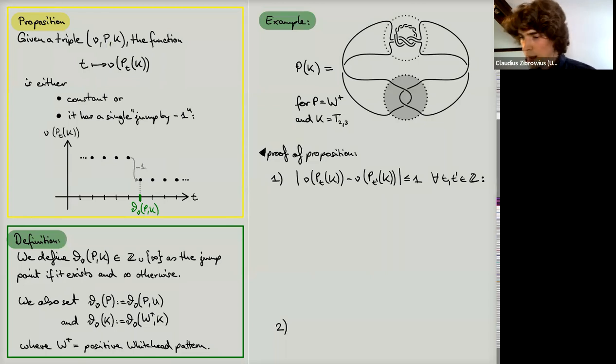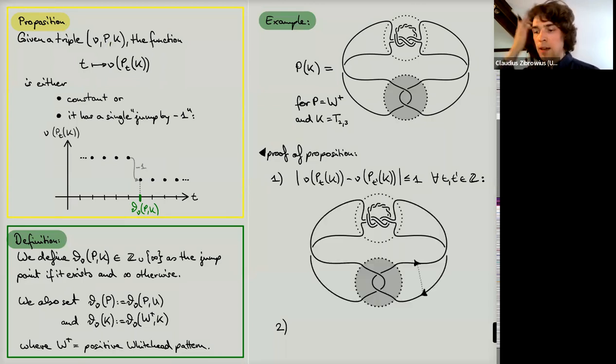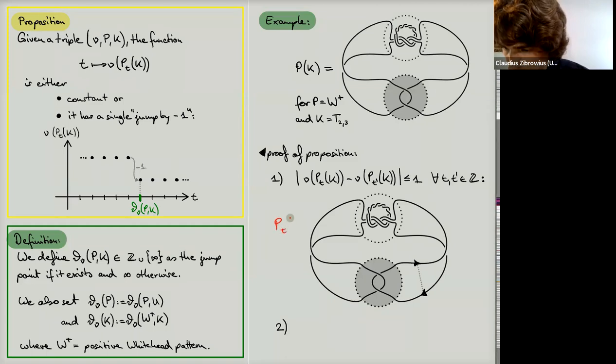Let's look at this example here. Let this be, say, p sub t of k. And now we want to get to the other satellite knot with a different twisting parameter.